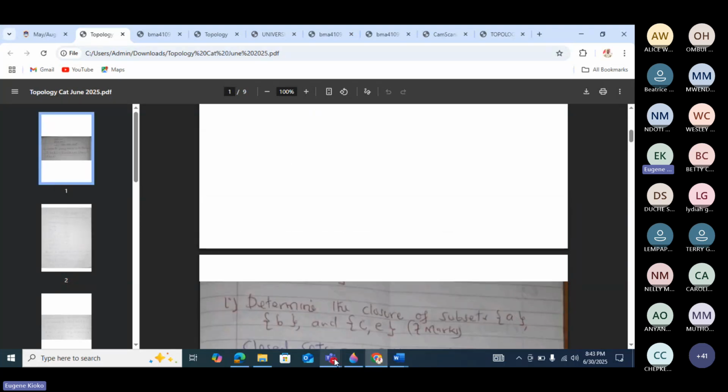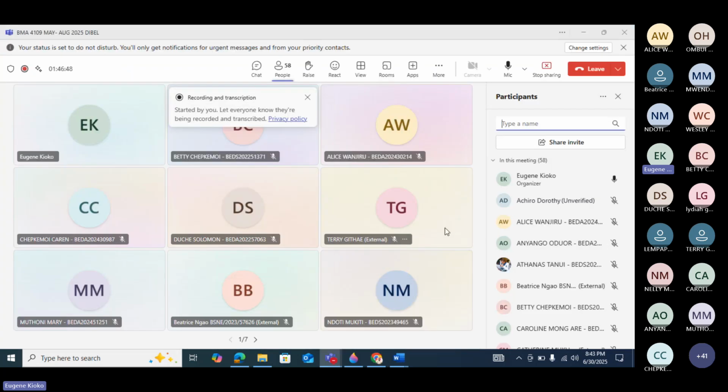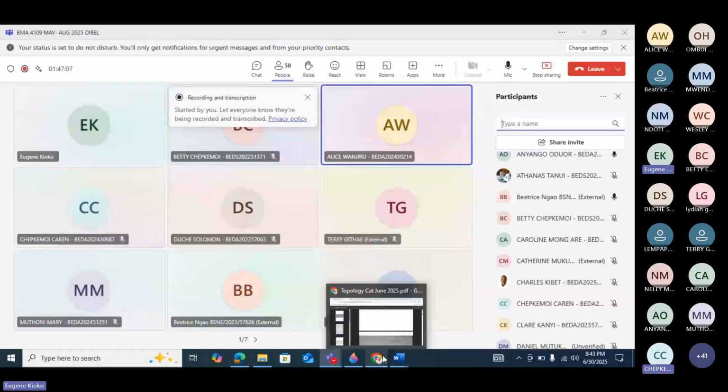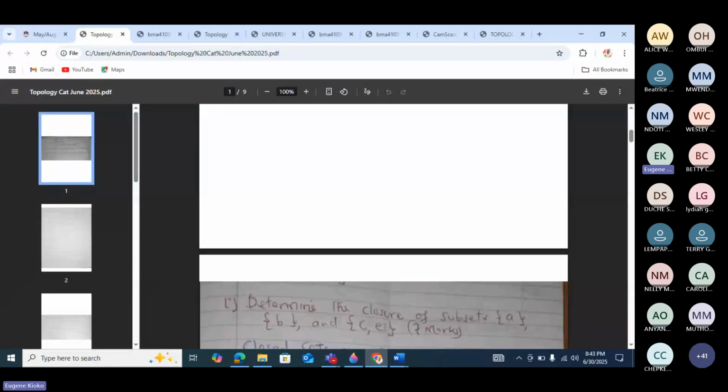Now we talk as teachers. Let me not be specific to anybody, but now as a teacher, right? We are talking as teachers, not as a student and a lecturer, right? Is that okay? Yes, sir. Now we are talking as grown-ups.